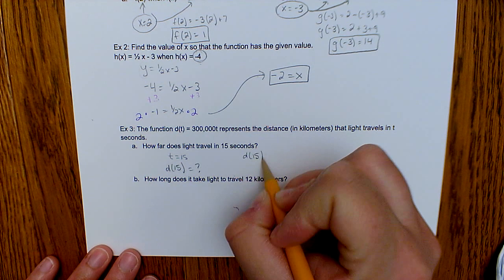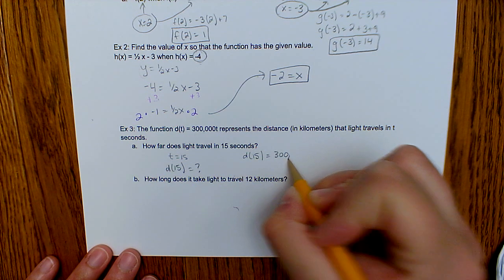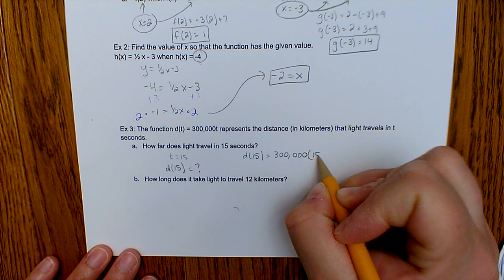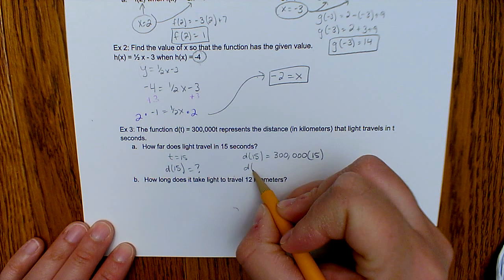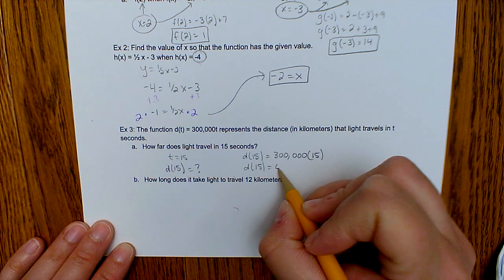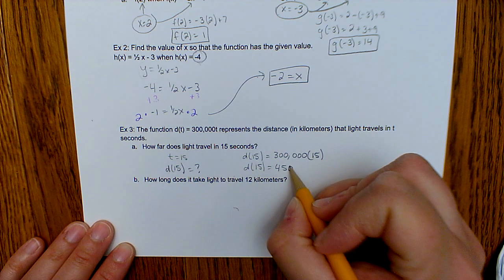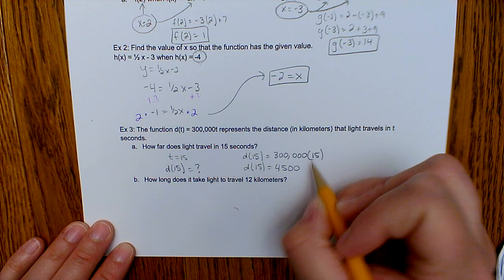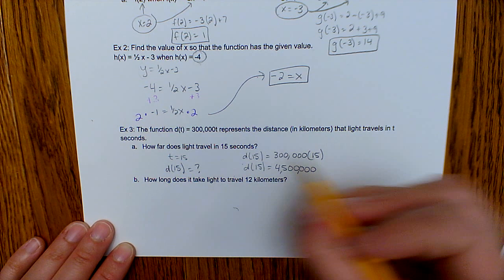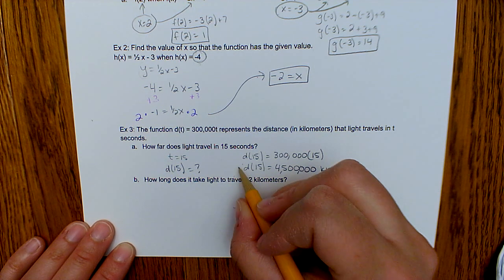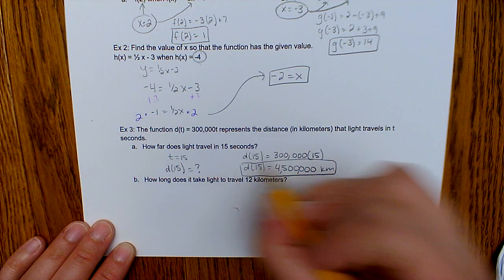So d of 15 equals 300,000 times 15. I get 4.5 million, 5 zeros. So this is kilometers, that's my distance.